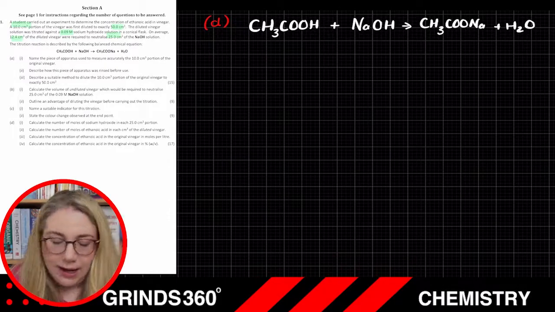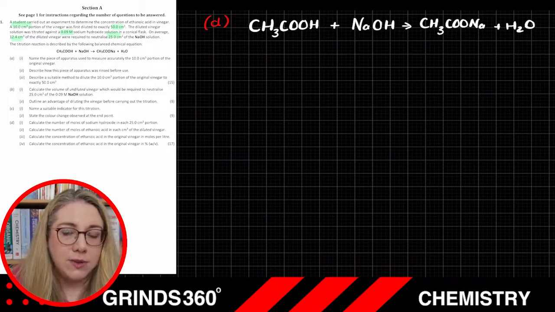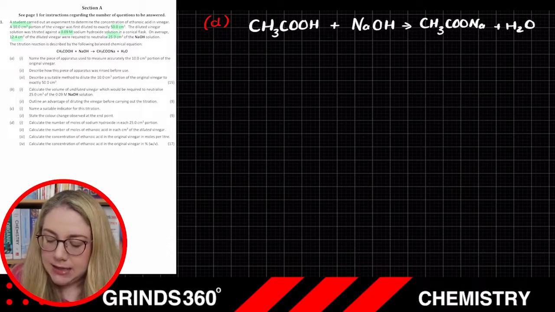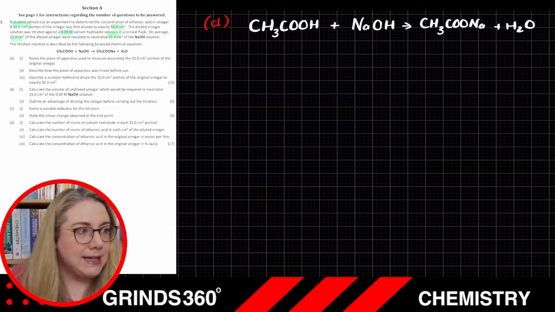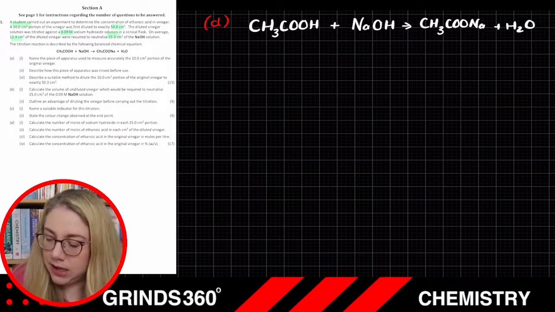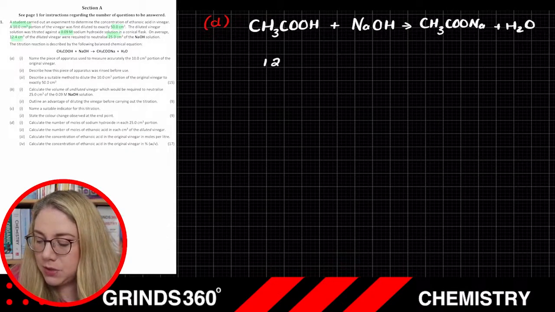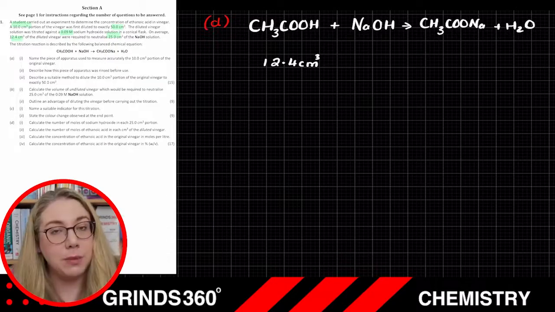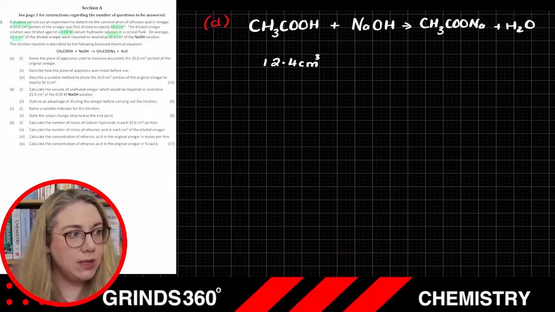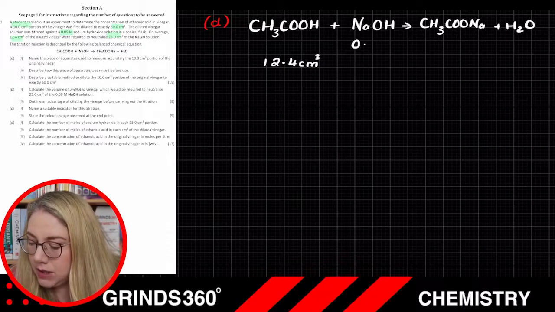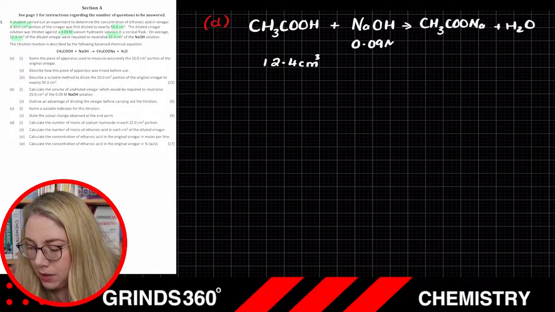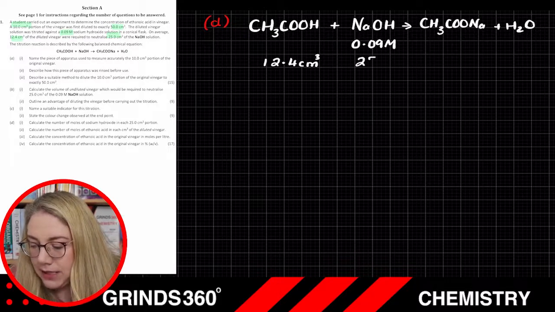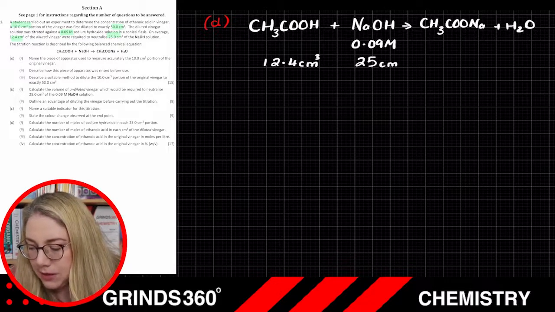I'm going to ignore the first 2 numbers, I'll use those at the end for the dilution factor, I'm not going to use them now. So, for ethanoic acid, how much of it was used in the titration itself? That was 12.4 centimeters cubed. That's the volume that's added from the burette. For the sodium hydroxide, the concentration was 0.09 molar, and the volume of it was 25 centimeters cubed.